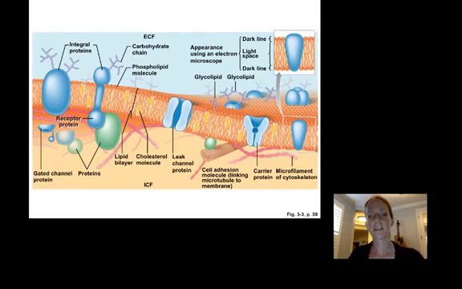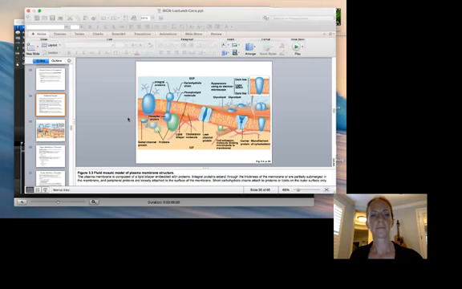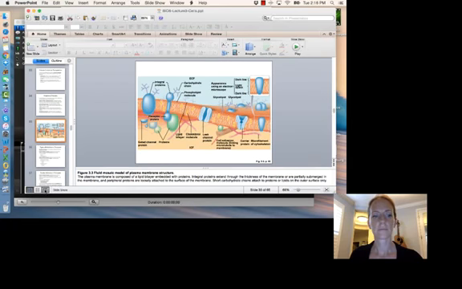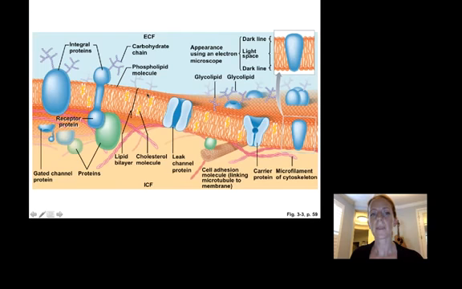So put together, here are some examples of proteins in a cell. So here we have our phospholipid bilayer. Then we have, here's a channel, transmembrane protein that would allow certain substances in and out.